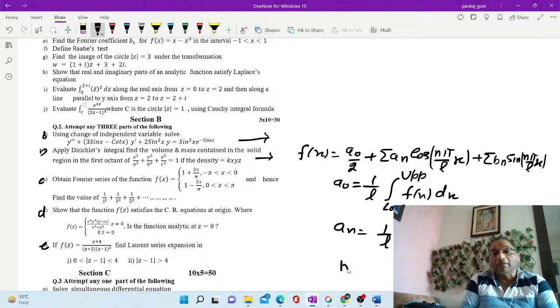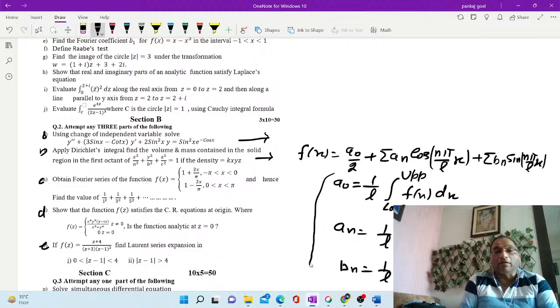And similarly, the formula for b_n is 1 upon l, again lower limit to upper limit, f(x) sin(n pi x upon l) dx.